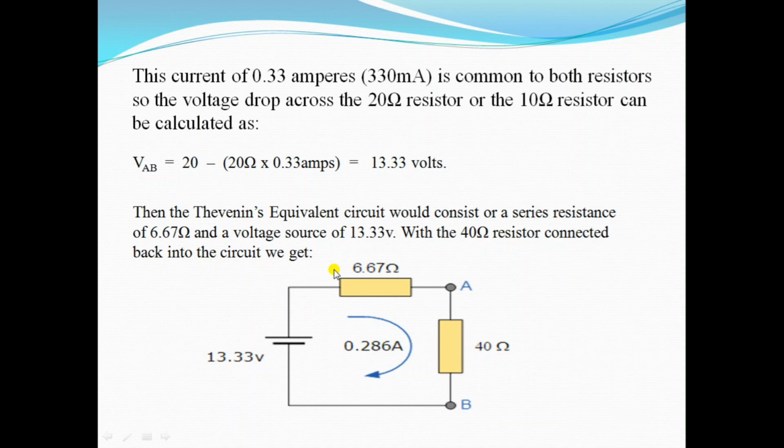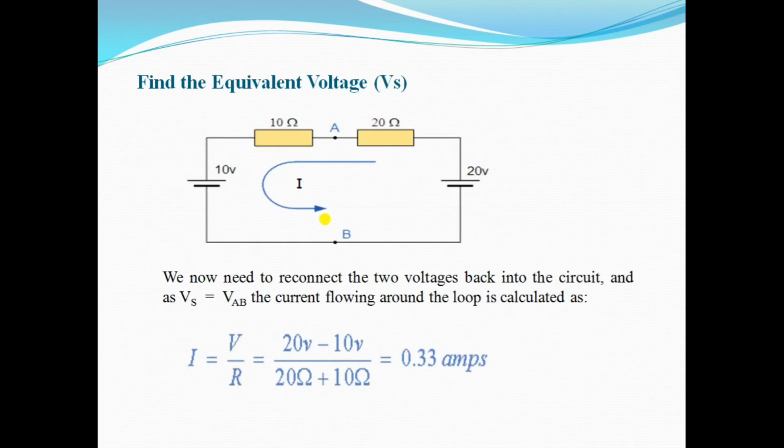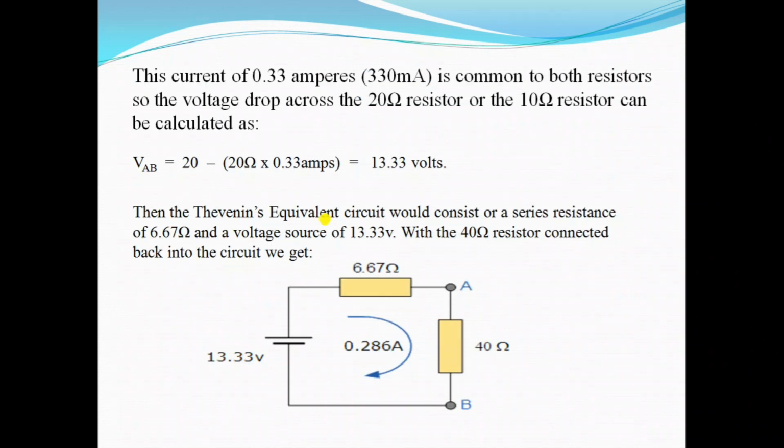So the total voltage, the VAB value, we have is 13.33 volt.